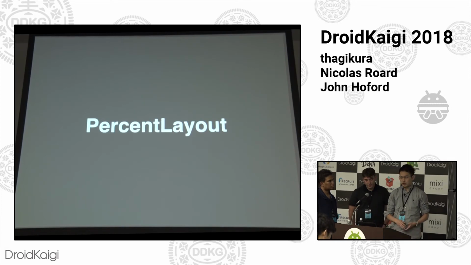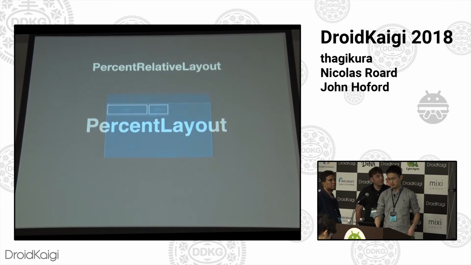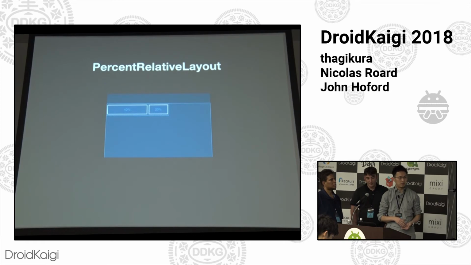The next example is percent layout. There is a layout called percent relative layout, where the size of its children can be specified as percent. Constraint layout can also replicate this behavior.